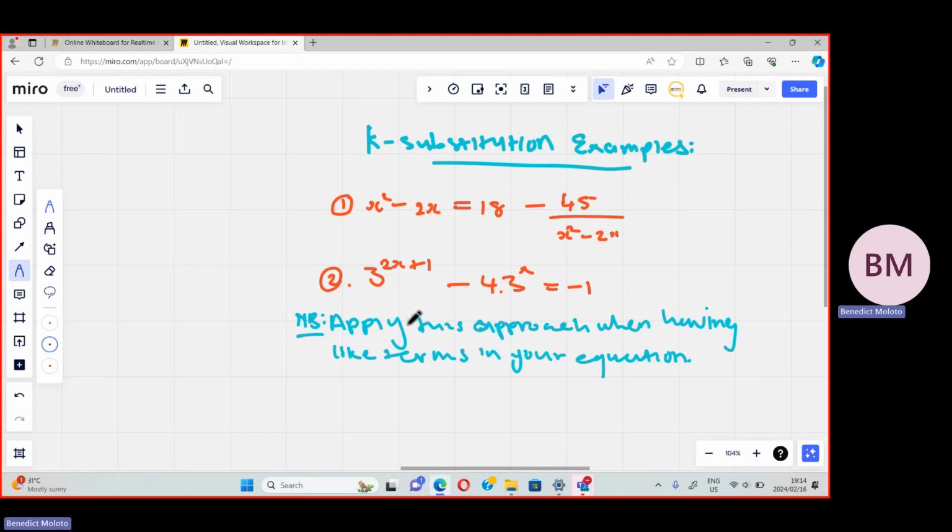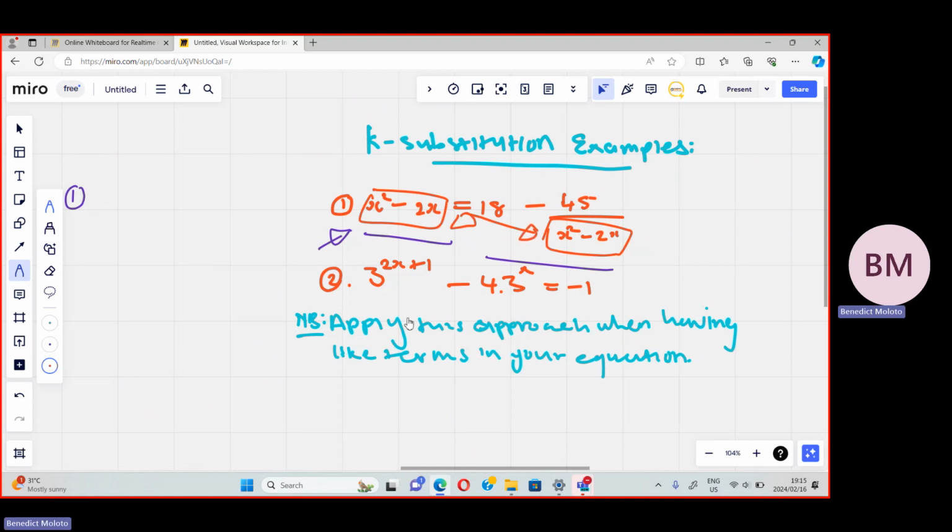For example, let's start with number 1. X squared minus 2x is equal to 18 minus 45 over x squared minus 2x. You can see this equation is complicated. If you check the like terms, x squared minus 2x and x squared minus 2x, this is what we call like terms.